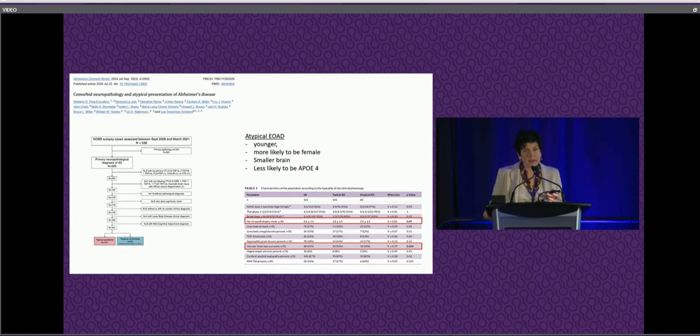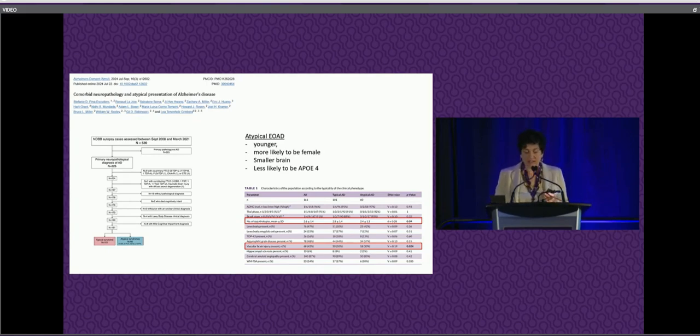And when we compare all the different modalities of co-pathology like LATE or AGD or Lewy body disease, we didn't find a difference between typical and atypical. Actually, we found one difference, that the typical ones were more likely to have vascular pathology in the brain.